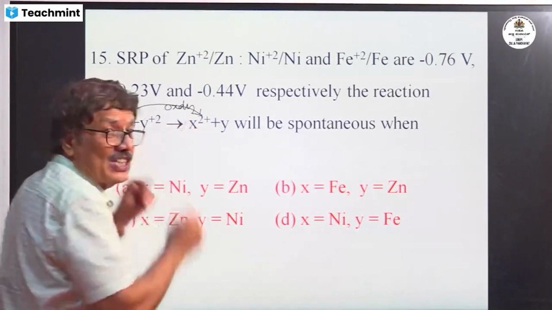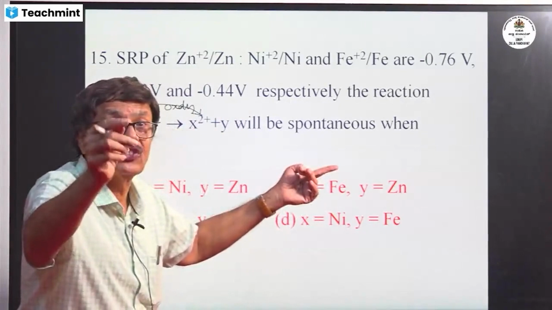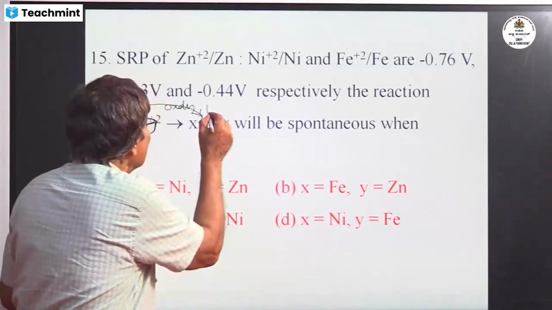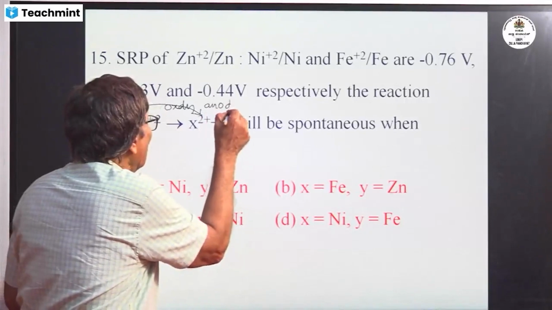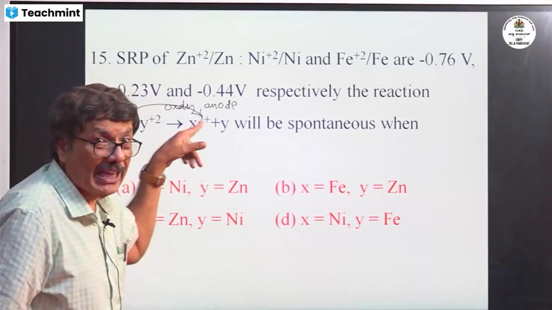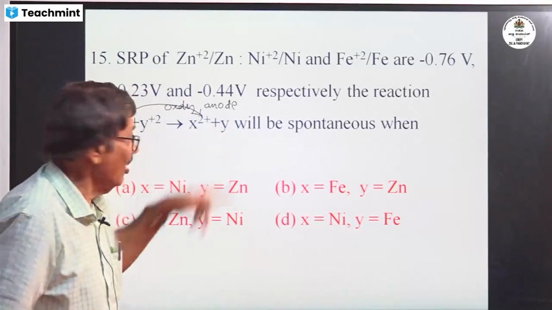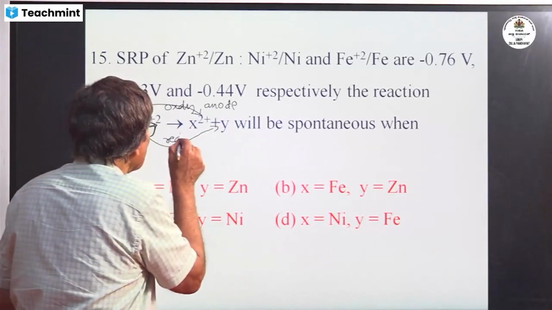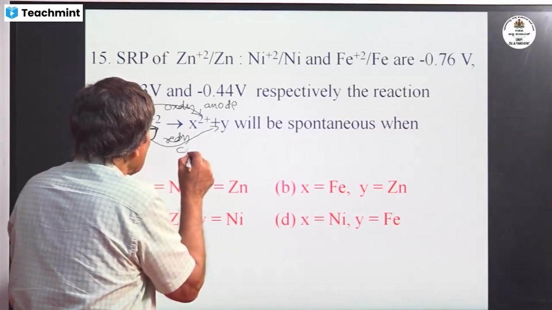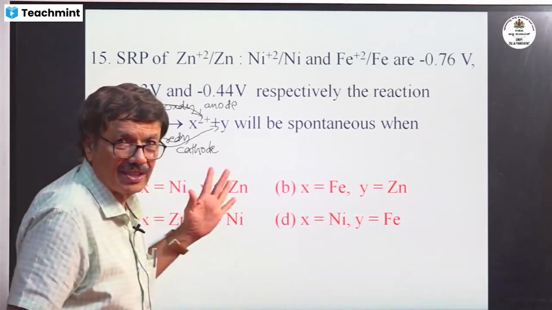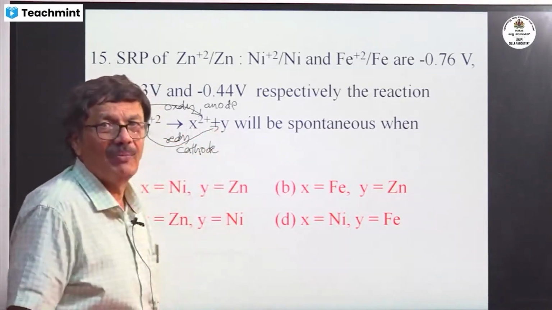Increase in oxidation number is oxidation. Where the oxidation takes place, it is anode. Y plus 2 became Y. Has it not gained electrons? Gaining electrons means reduction. That which undergoes reduction is the cathode. Correct? That is what we can make out from this reaction.